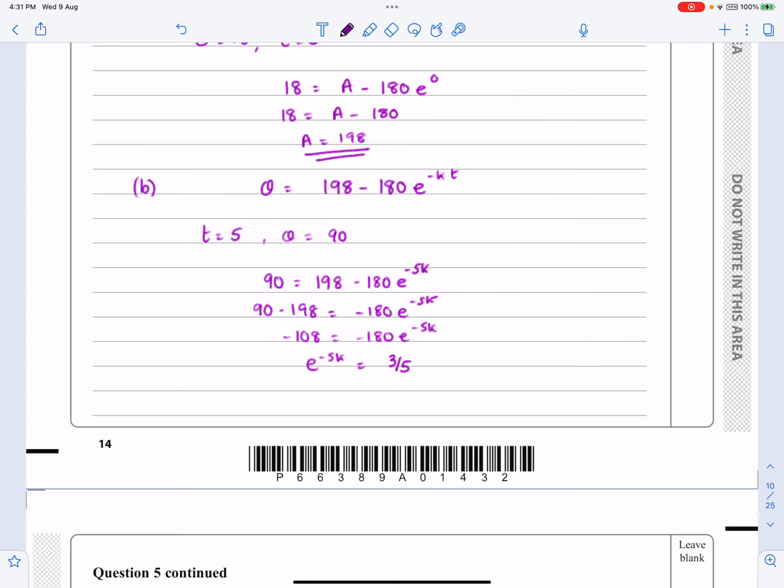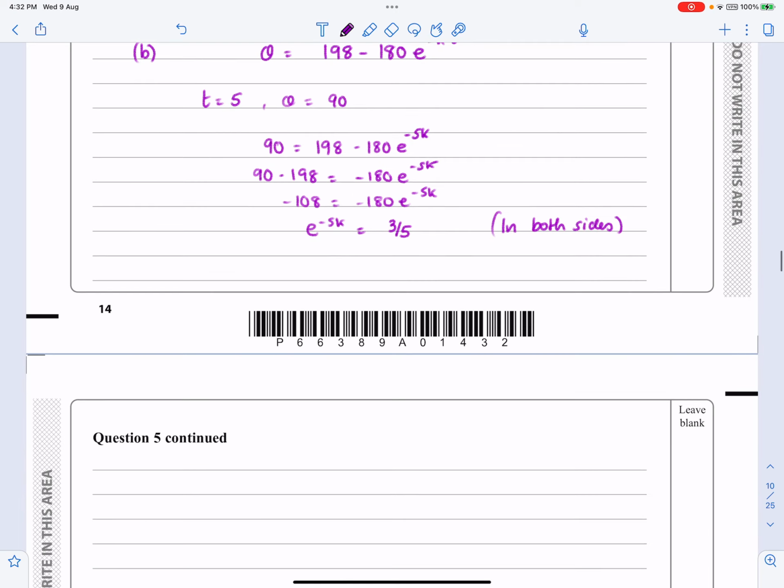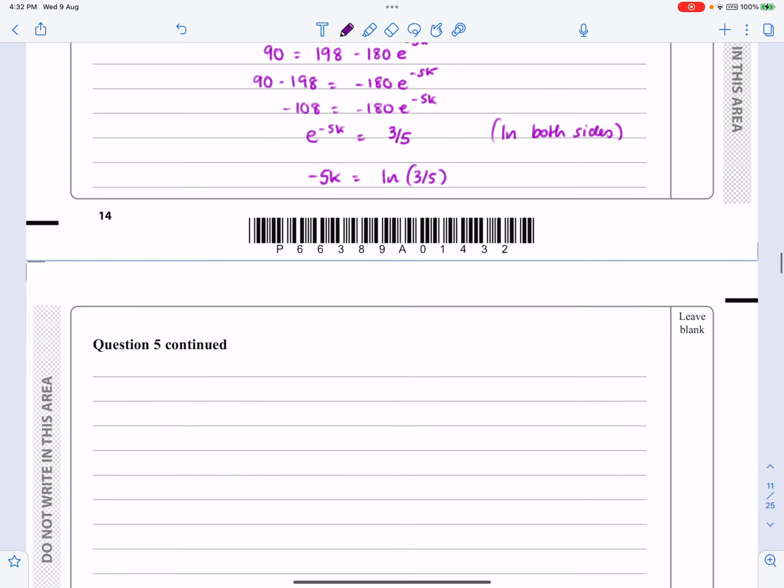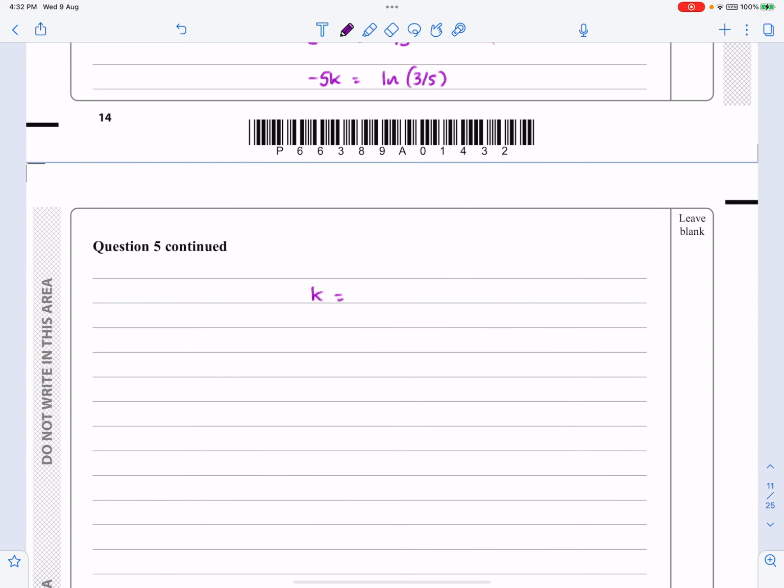So that's where I was trying to get to, so that now I can log both sides here. If I log both sides at this stage, then I'll get rid of the e, and I'm going to get minus 5k equals log 3/5, which then gives me that k works out to be minus 1/5 log 3/5 here.